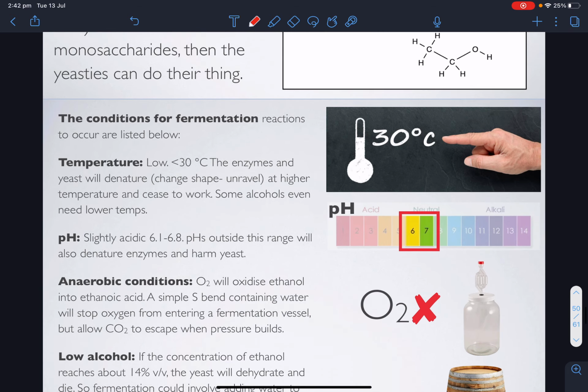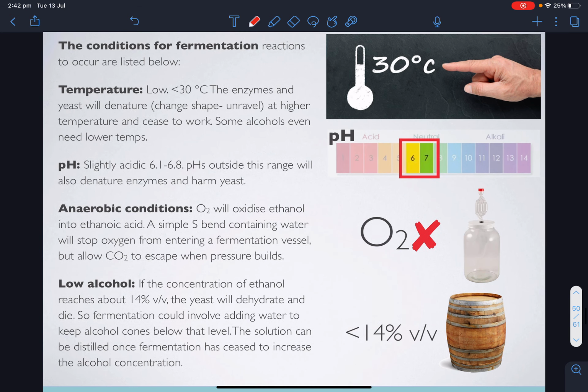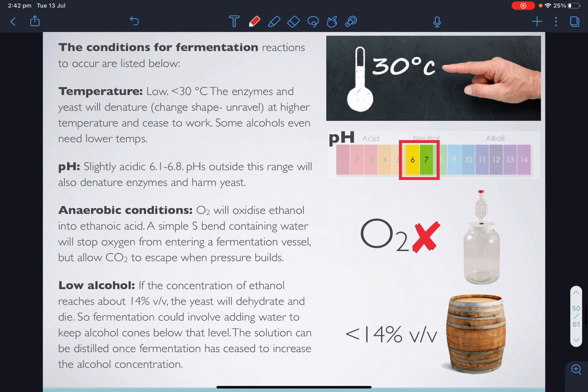All right, conditions for fermentation. We've talked a little bit about them. So you need yeast as a catalyst. Let's talk about temperature. You need a low temperature, less than 30 degrees, because you're using enzymes from the yeast, and at higher temperatures, these will unfold and they won't do their job anymore.